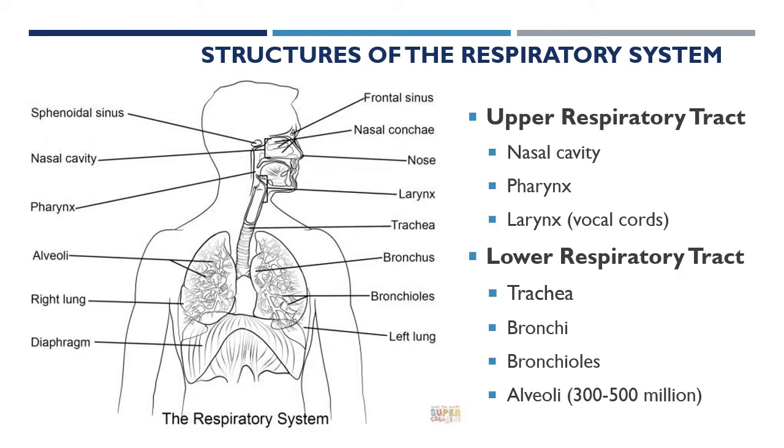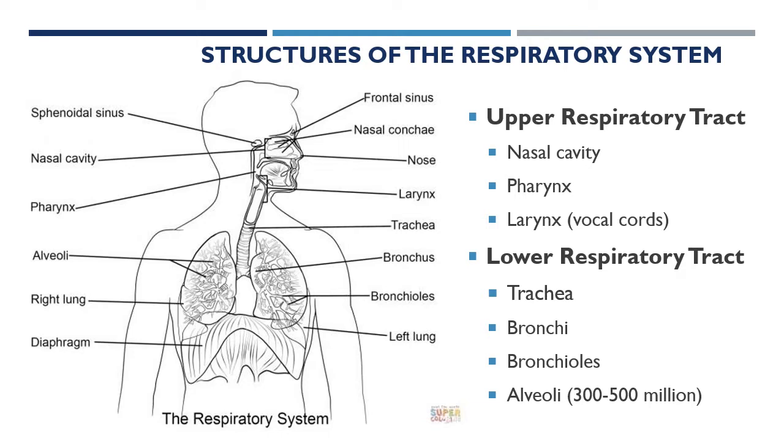Okay, so let's look at the image here and see if there's anything else to talk about. When we're talking about the thorax or the thoracic cavity, we're really talking, in terms of the respiratory system anyways, about everything that's within the chest wall itself.